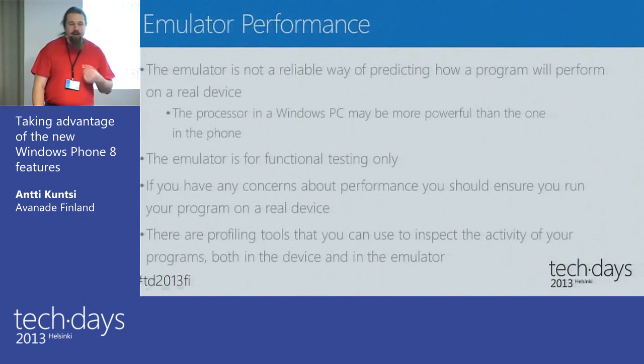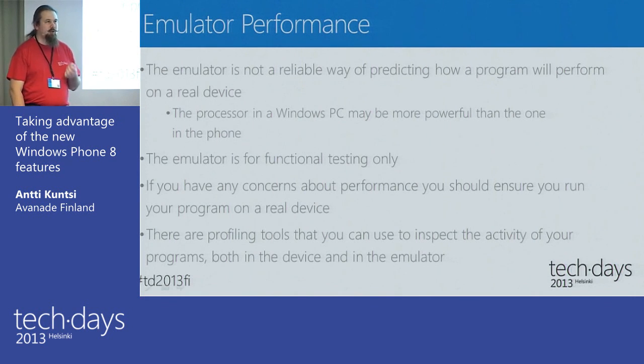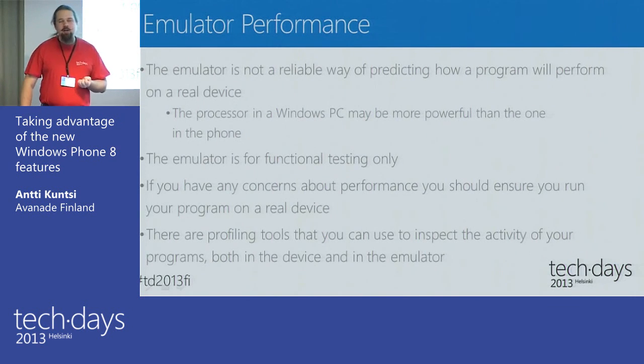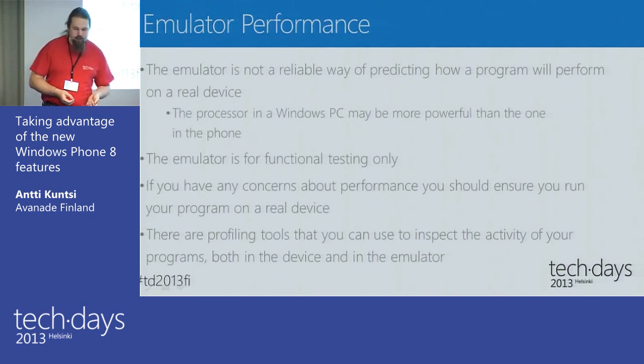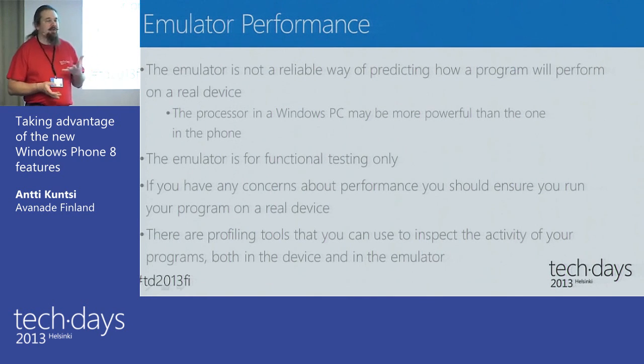Performance-wise, it is a proper Windows OS, so the events are the same as on a real phone, but the actual timings differ. It's a different architecture, different CPU, different hardware altogether. So you can do functional testing. You can do rudimentary profiling. You can find hotspots in your application that need to be identified.